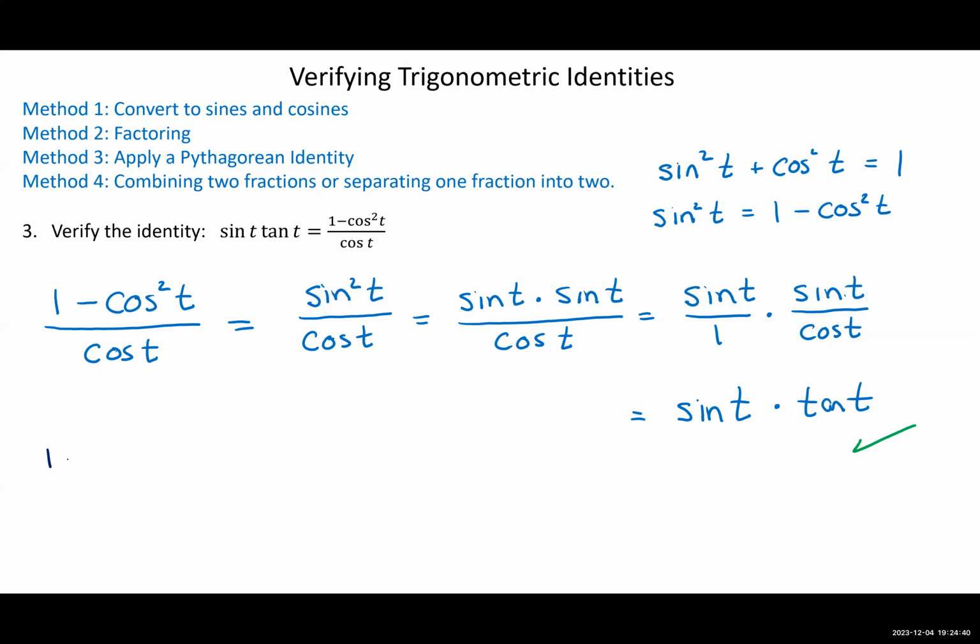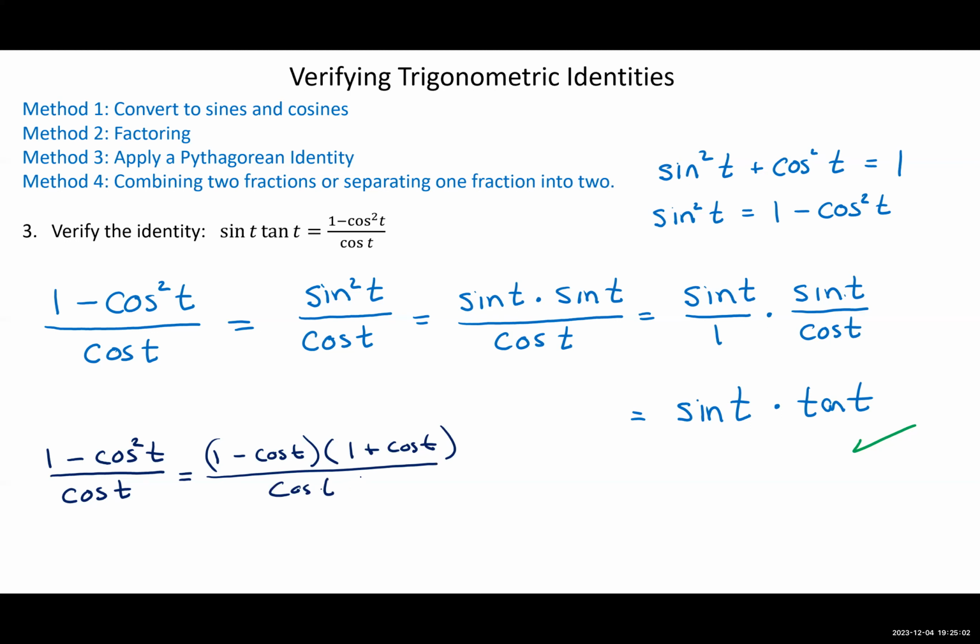You could have said 1 minus cosine squared of t divided by cosine of t, and said, okay, well, the top of that fraction looks like a difference of squares. So that factors to 1 minus cosine of t times 1 plus cosine of t divided by cosine of t.